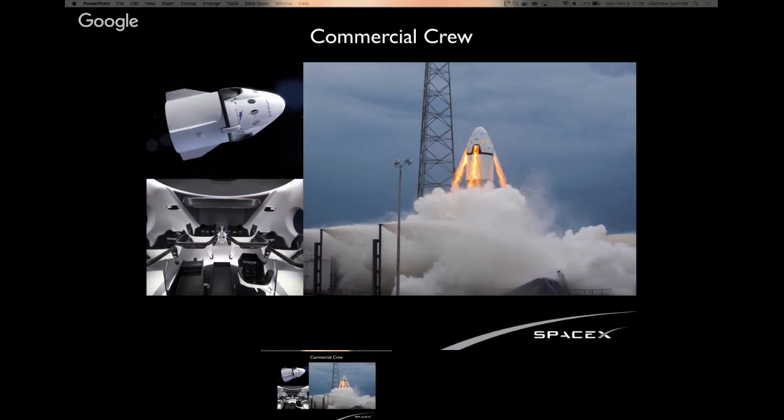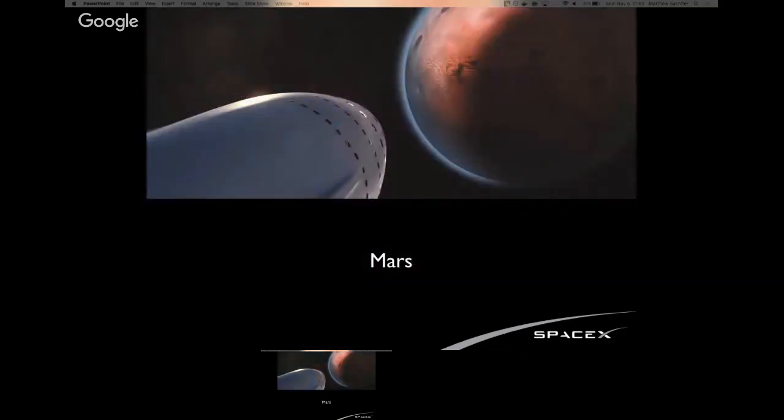And you have to deal with things like having interfaces that work when you're in gloves for a spacesuit and other kinds of related problems that are very different than what happens when you have people at consoles in a mission control setting. Looking further forward, the company has begun talking about our plans for Mars, and this is something also that the software organization is beginning to think about.